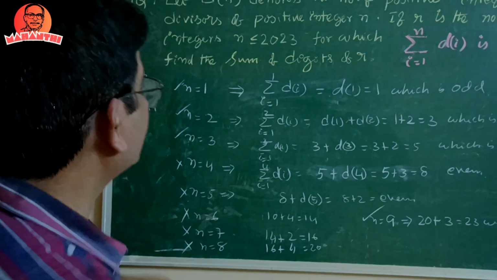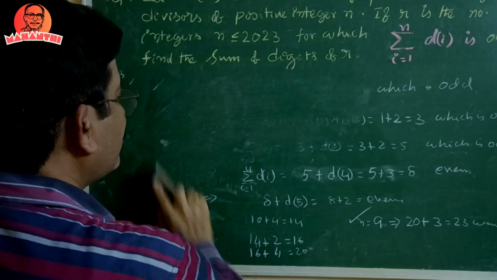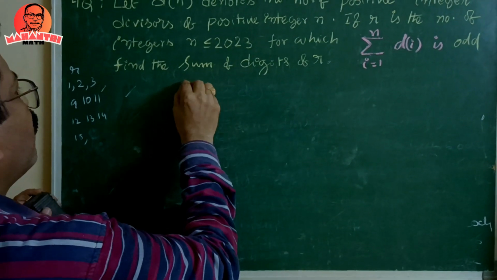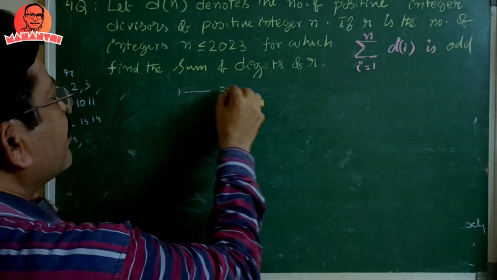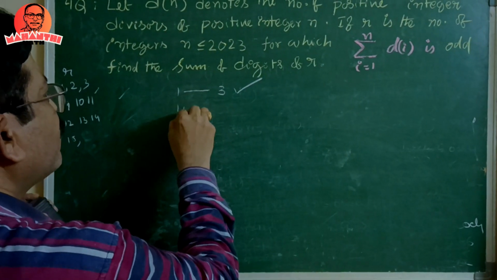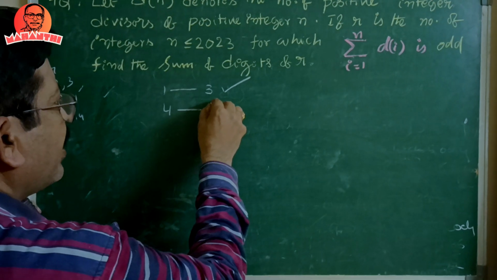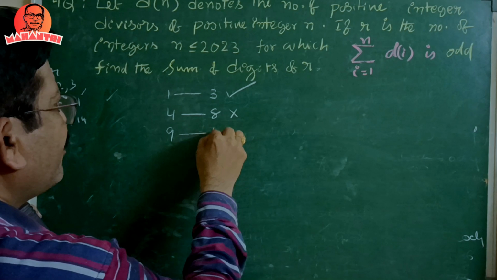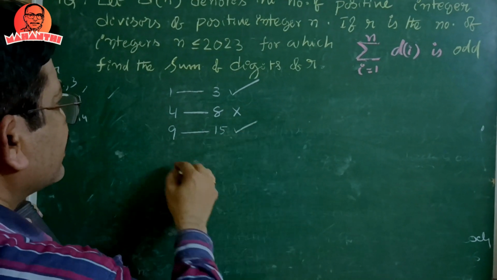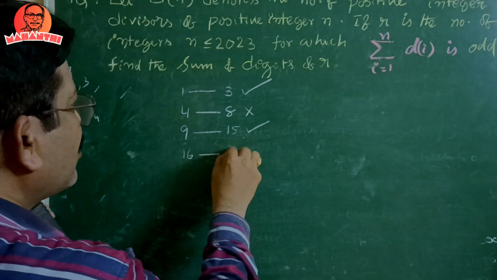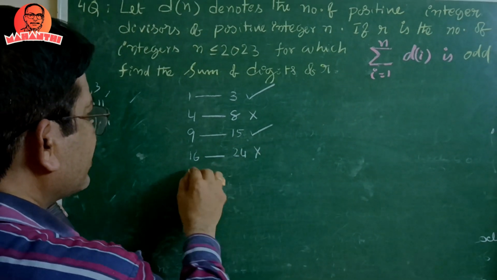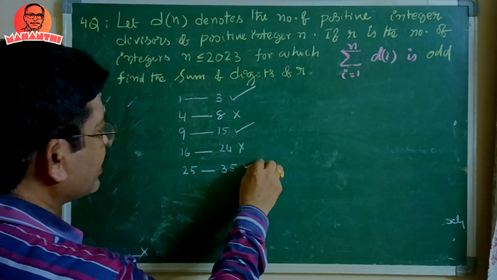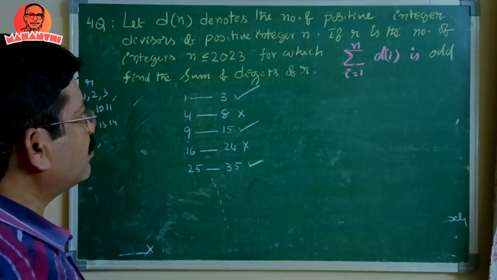What values of n can we take for R? 1 to 3 we have to take. 4 to 8 we should not take. 9 to 15 we have to take. 16 to 24 we should not take. 25 to 35 we have to take. Like that it will go.